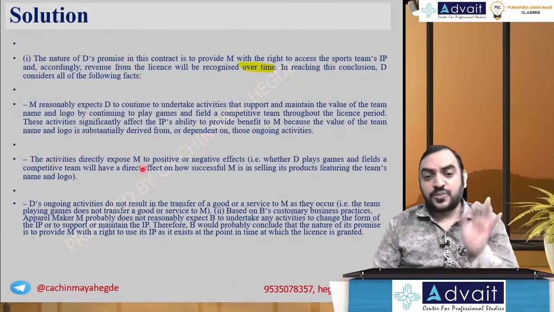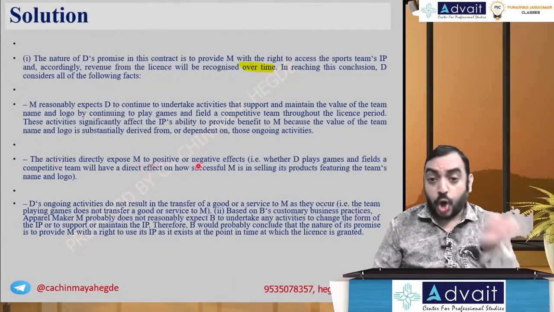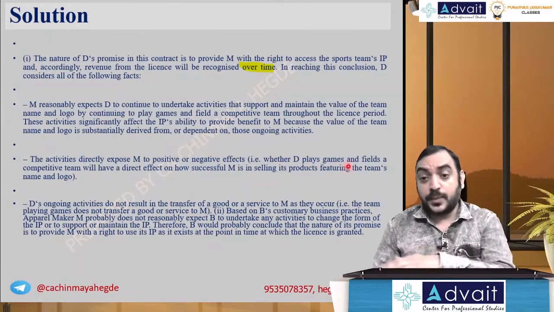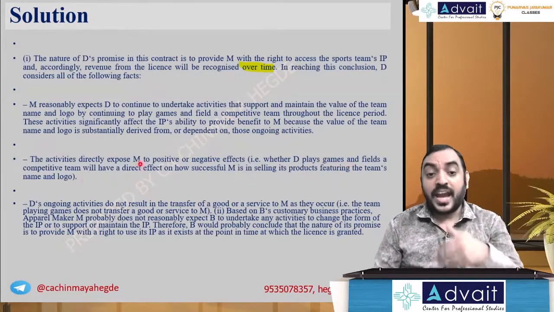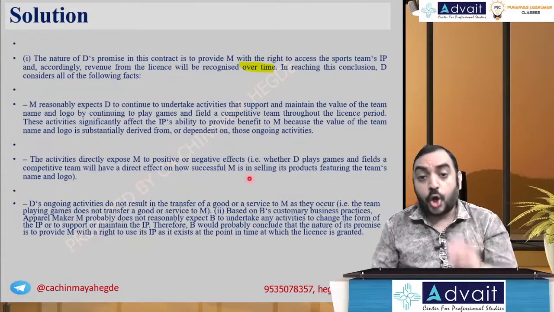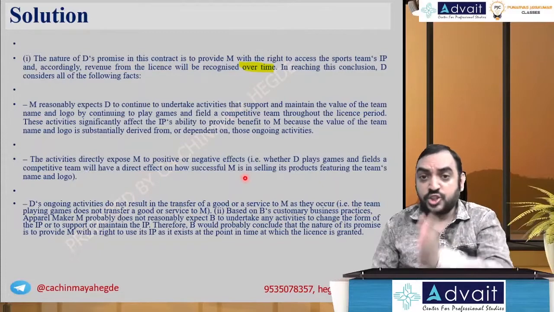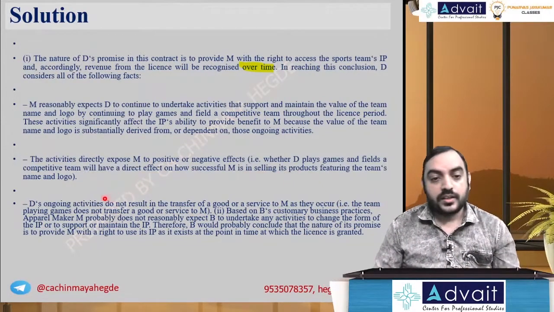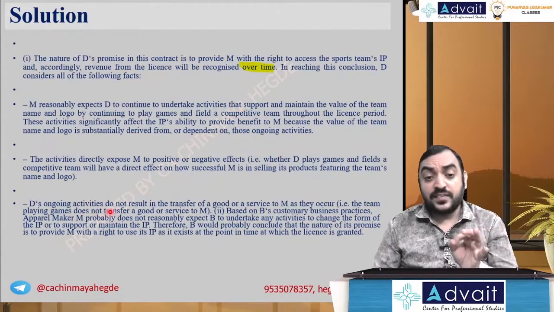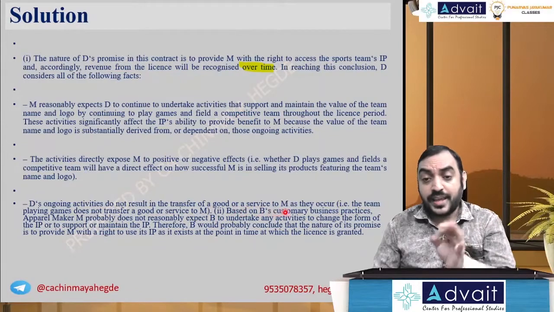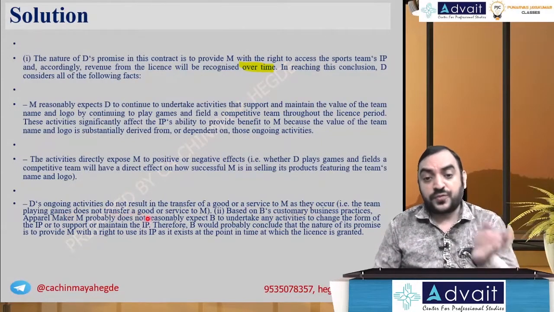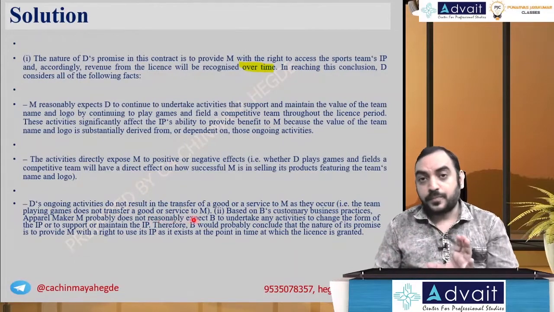The activities directly expose M to positive or negative effects, whether D Limited plays games and fields a competitive team will have a direct effect on how successful M is going to be in selling the products featuring the team's name and logo. These ongoing activities do not result in transfer of goods or service to M as they occur. The team playing games does not transfer goods or service to M.